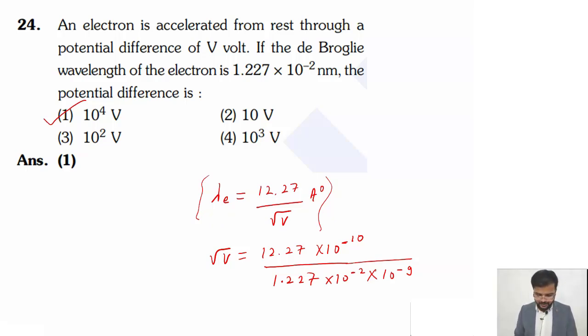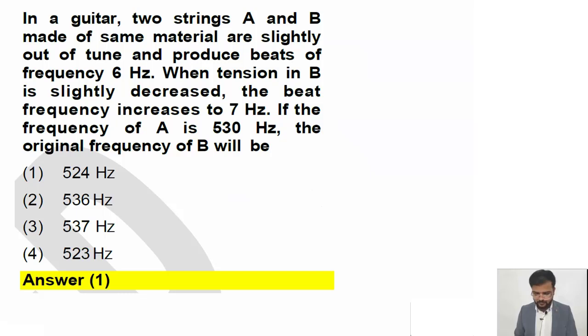Let's see the next question. And the next question is what? In a guitar, 2 strings A and B made of the same material are slightly out of tune and produce beats of frequency 6 Hz. When tension in B is slightly decreased, the beat frequency increases to 7 Hz.